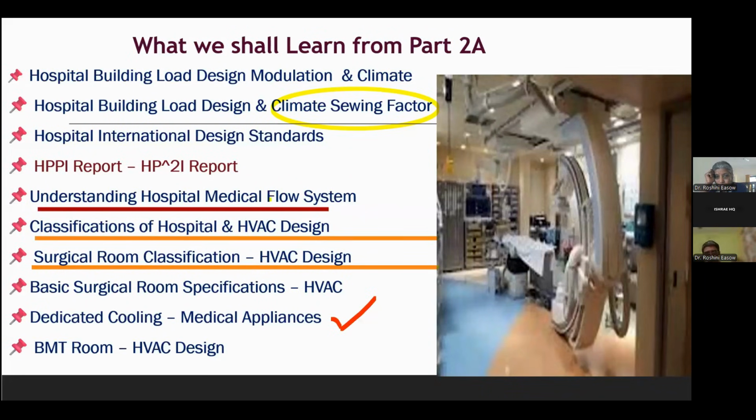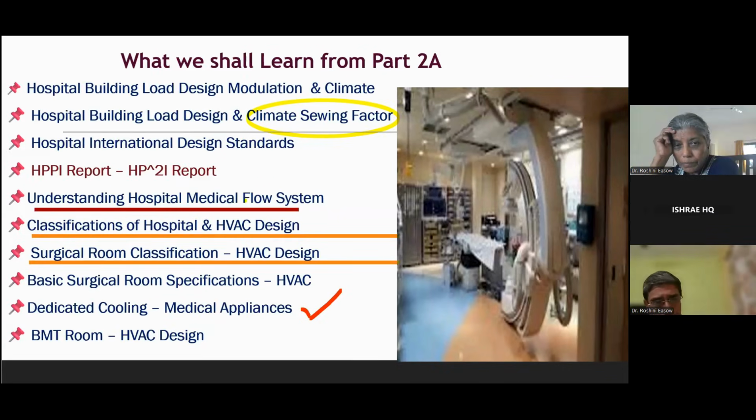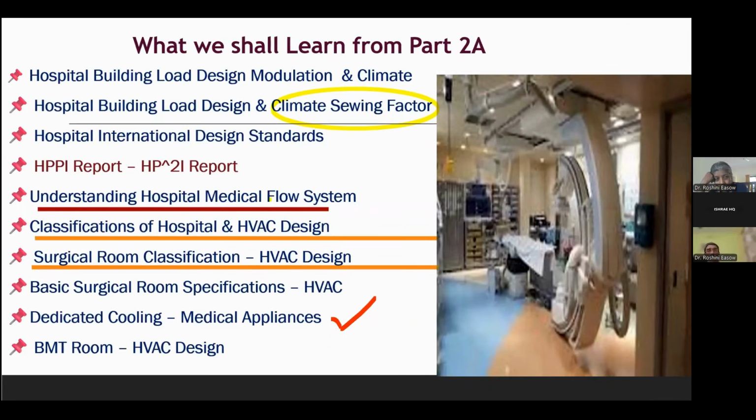What we will learn from today's session: one, hospital building load design, modulation and climate. I will explain the meaning of modulation and design modulation. Second, hospital building load design and climate swing factor. Third, hospital international design standards. Fourth, the HBPI report, which is internationally called the HPAC 2I report.